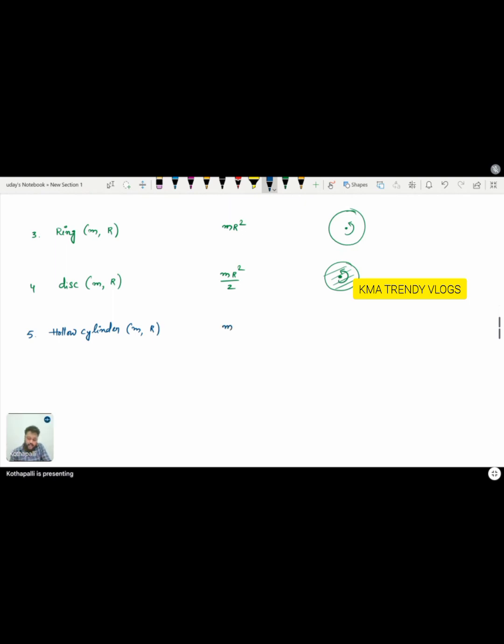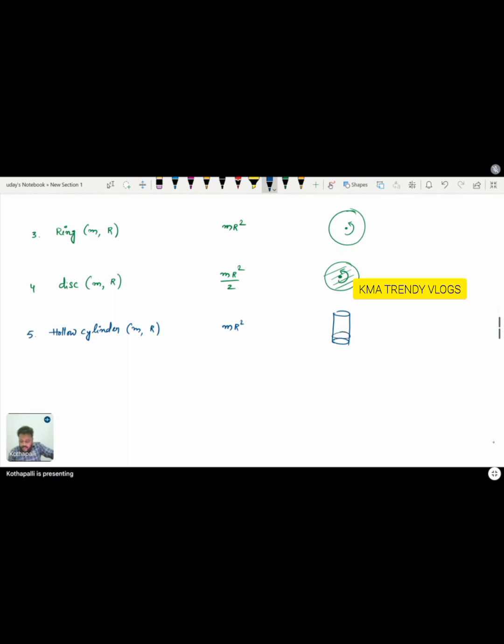Surprisingly, the value of that is also mr square, because understand it like this. If I arrange rings one by one, first ring, then second, third, fourth, fifth ring, it will definitely make the shape of a hollow cylinder.